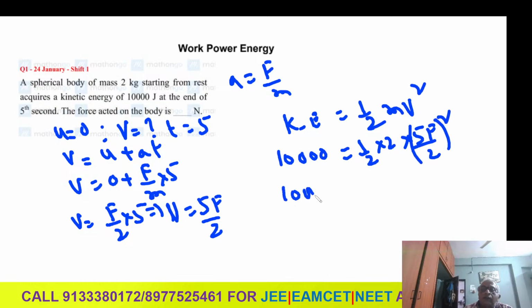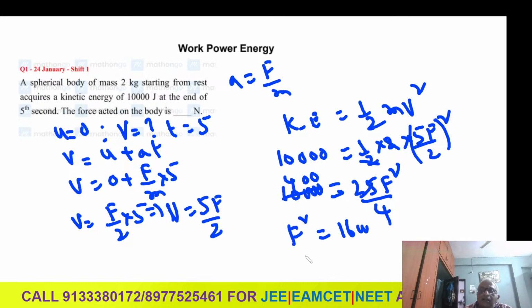So 10,000, this gets cancelled, 25F square by 4. 25F square by 4 equals 10,000, so F square will become equal to 1600. F will become equal to 40 newtons. This is called an integer type question.